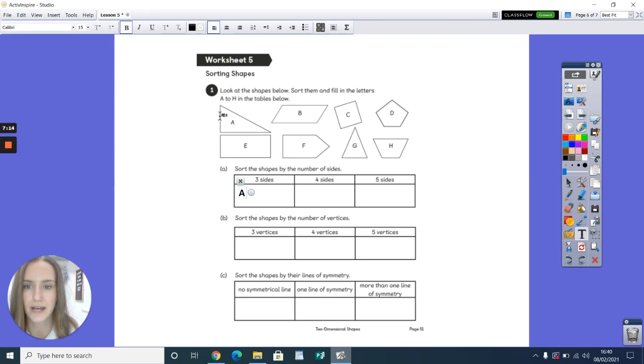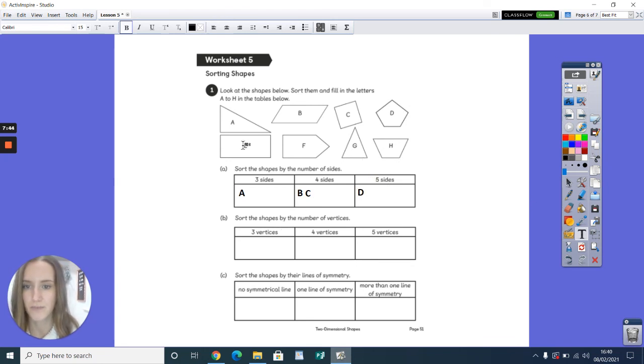So A goes here. How many sides does B have? 1, 2, 3, 4. It goes in the column that says 4 sides. C, 1, 2, 3, another 4 sides. And D has 1, 2, 3, 4, 5. D goes here where it says 5 sides, and so on until you've done all the letters.